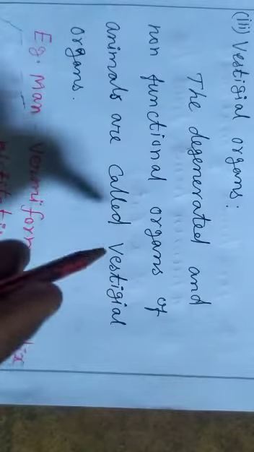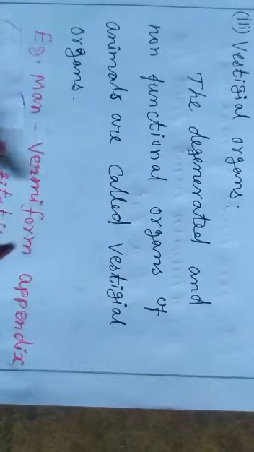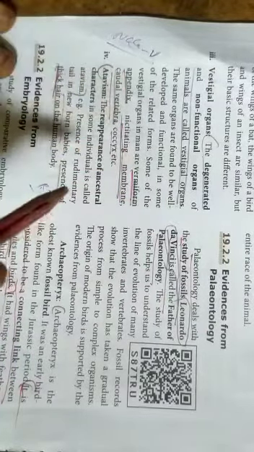In our body, we have the vermiform appendix, which is in the digestive system. Examples: vermiform appendix, nictitating membrane, caudal vertebrae, coccyx, etc., are some examples of vestigial organs.